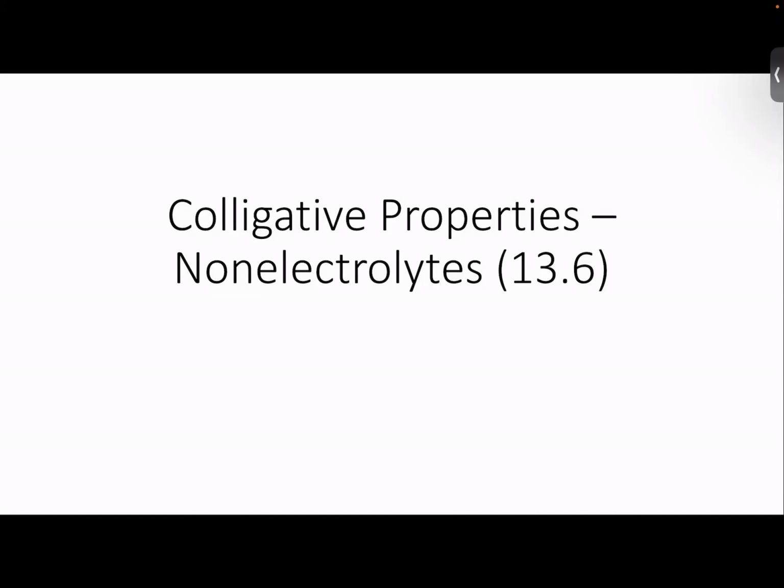And then with the non-electrolytes, you're going to ask yourself, is this a volatile solute or a non-volatile solute? Because you're going to treat the volatility differently. And so we're going to start by discussing colligative properties of non-electrolytes. Then we're going to talk about colligative properties of strong electrolytes. So that is the plan for today.